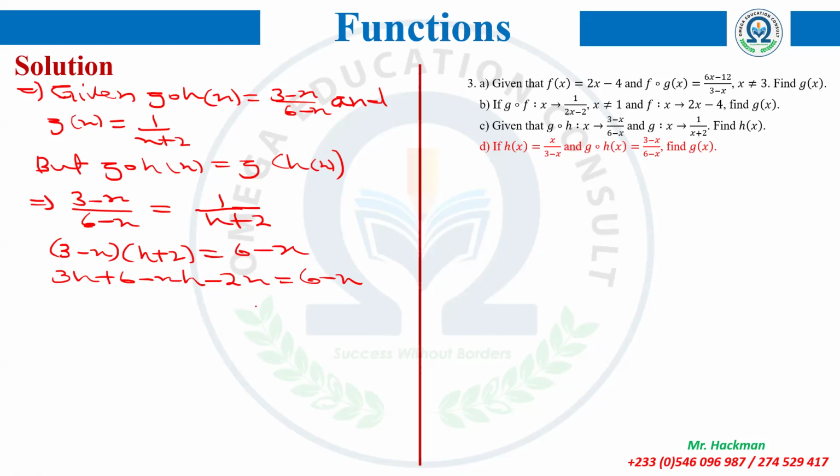So you have 2 terms in h on this side. You are looking for h, so you collect them on one side and move the other terms to the other side. I'm going to move this term and this term. So the 6 here will cancel the 6. Can you see that? If you move, it will go. Are you with me?